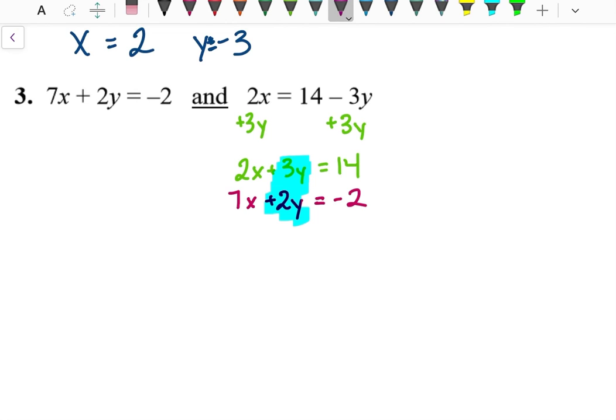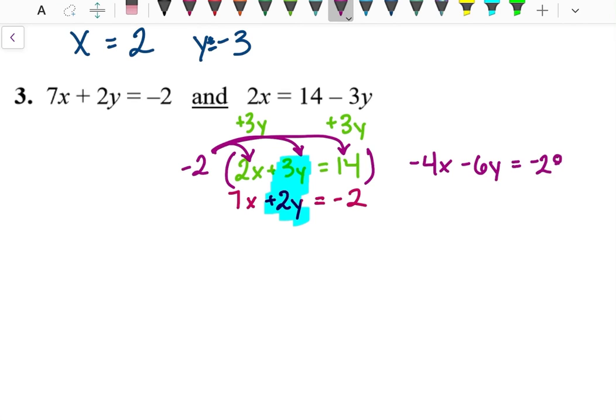So first, to get 3 to be a 6, I need to multiply this whole thing by 2. Again, I'm going to multiply it by negative 2 because one of them needs to be negative. And then I need to multiply everything here by negative 2. So when I do that, I get negative 4x, and then minus 6y equals negative 28.